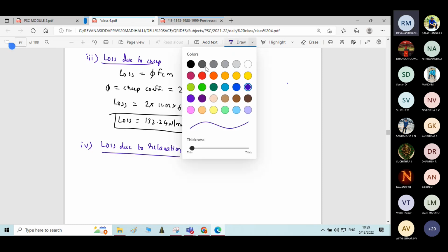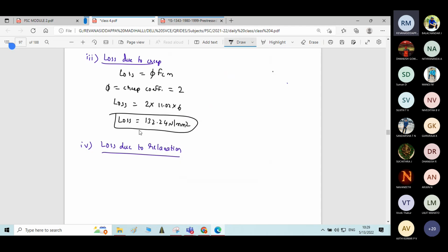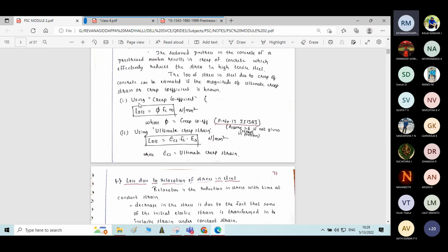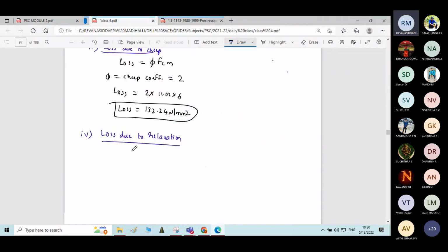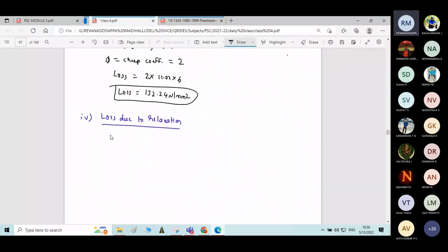As I said, loss of pre-stress due to relaxation of stress is calculated as a percentage of initial pre-stress. Let me write that formula first. Loss is calculated as a percentage of initial pre-stress.